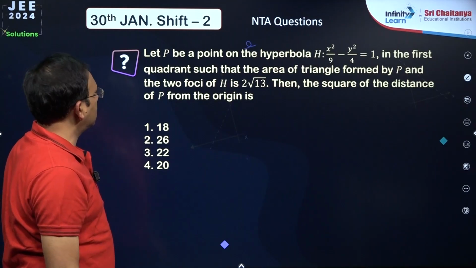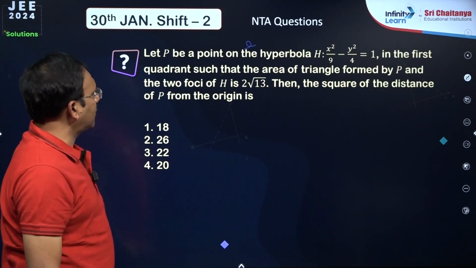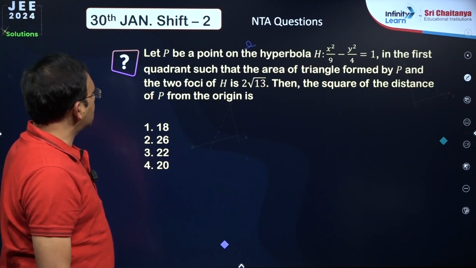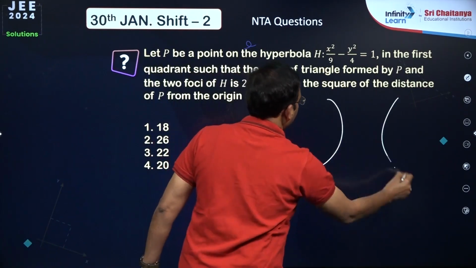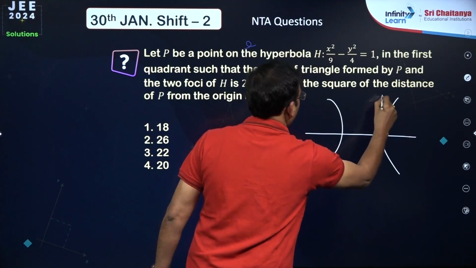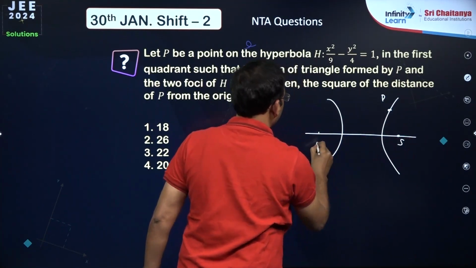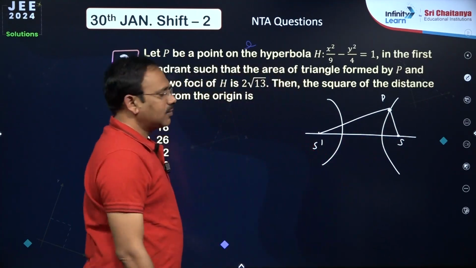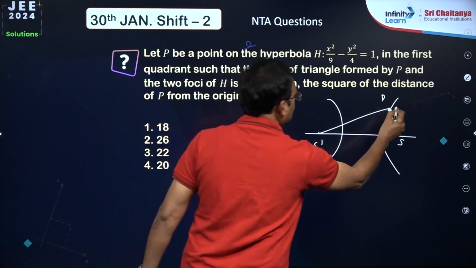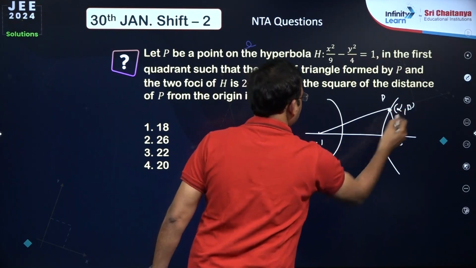Next, dear students, you see this question. Let P be a point on the hyperbola in the first quadrant such that the area of the triangle formed by the point. When this is the hyperbola, my dear friends, if P is the point on this, these are the two foci S and S dash. So for the area of the triangle, suppose this point is say alpha comma beta, my dear friends.